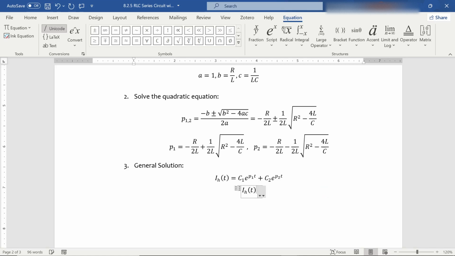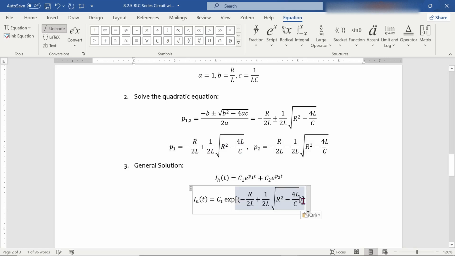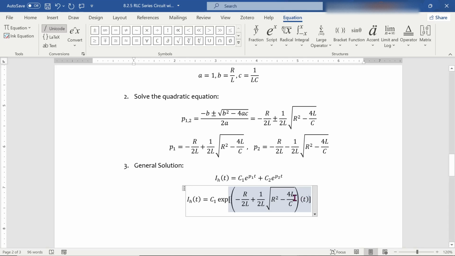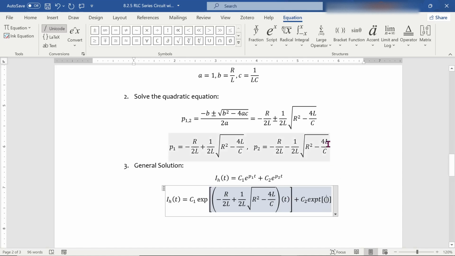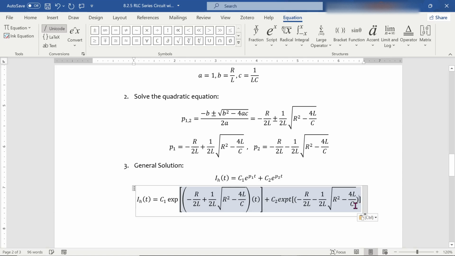We just have to plug in this p1 and p2 so that we have I_H as a function of t equals C1 exp of p1 times t, plus C2 exp of p2 times t.